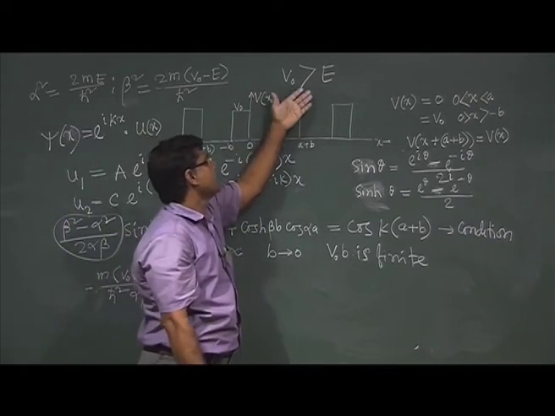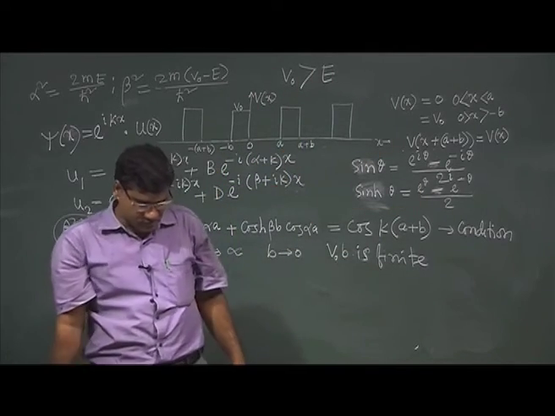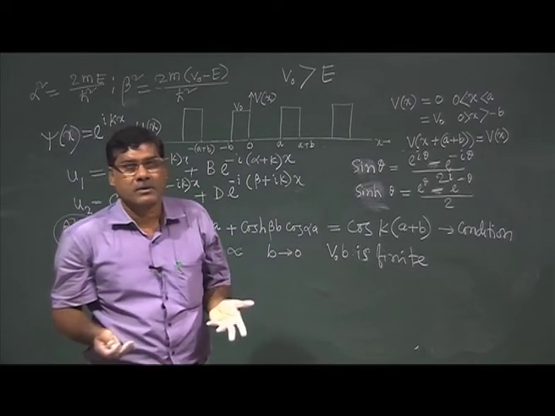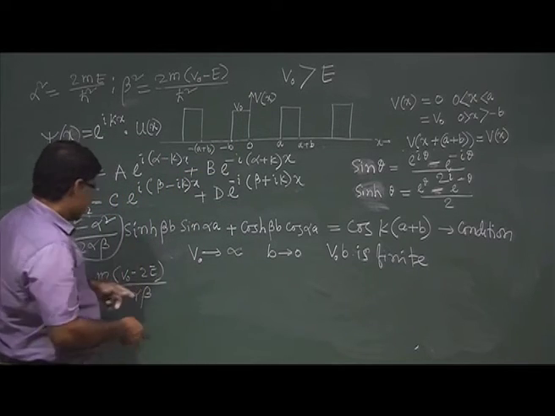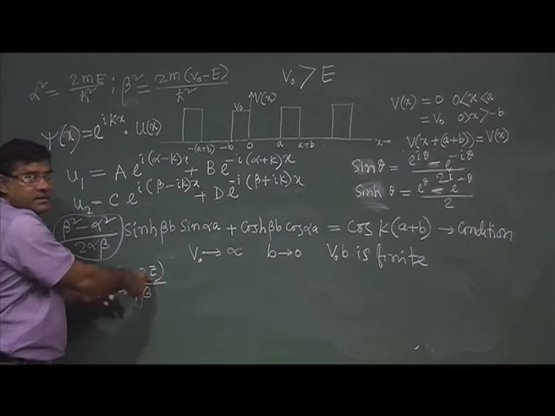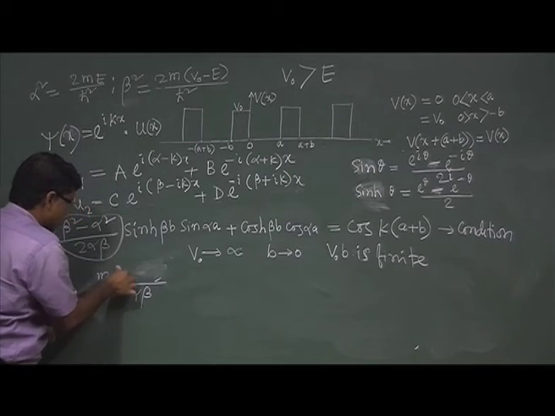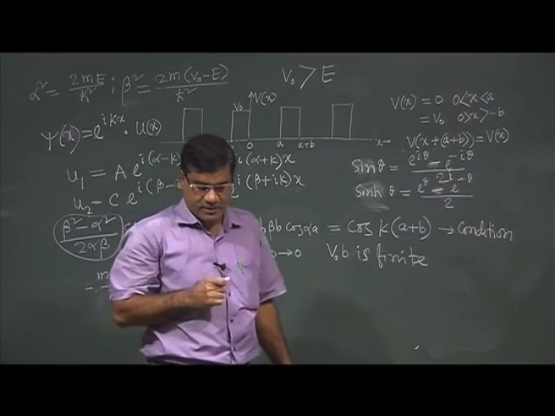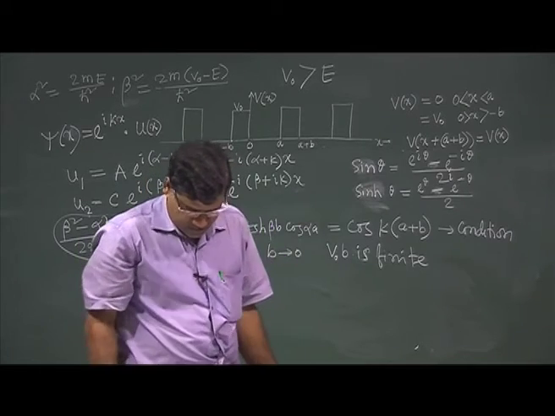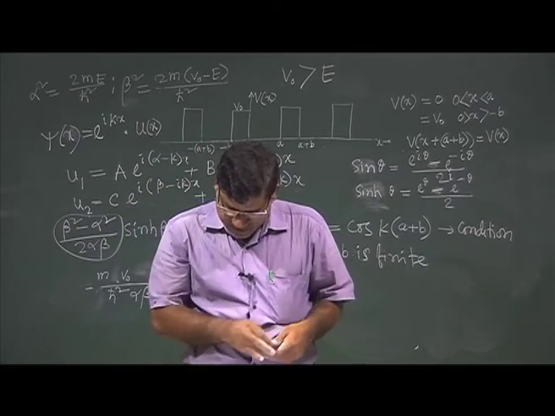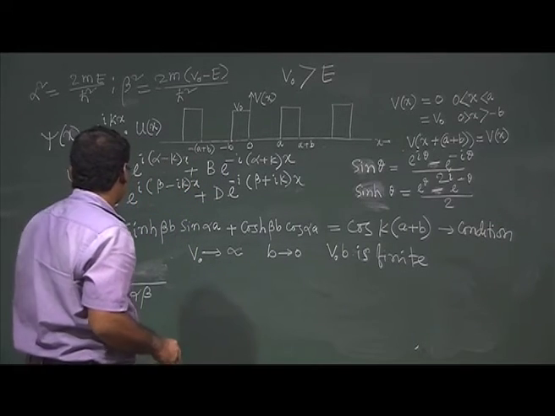If V0 is less than E, the electron can easily overcome this barrier, so it will be equivalent to a free electron. So, this is the condition. So, if V is very high compared to E, I can remove this, right. So, m V0, I will get m V0 by h cross square alpha beta from here.